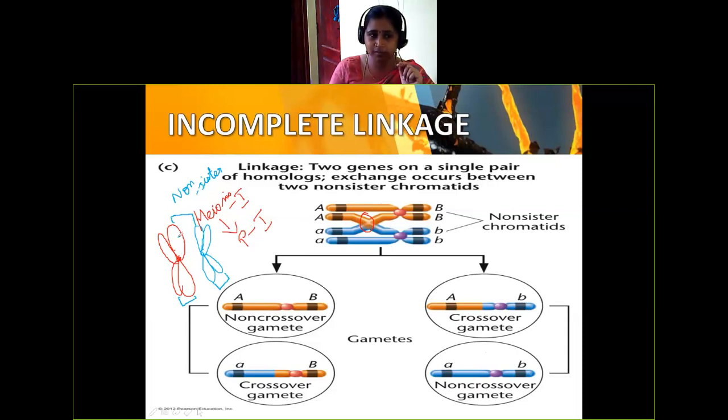Let me indicate it with number 1 and this one number 2, so that you can understand clearly. The red arm, and then the blue arm, that is another chromosome. That is why you call it a non-sister chromosome. Let me use the same color.